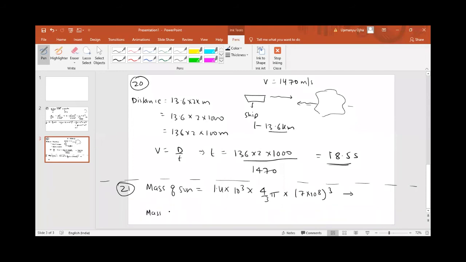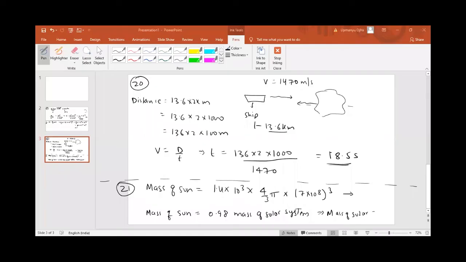Mass of the solar system is what? The mass of the sun is approximately 0.98 times the mass of the solar system. So we can get the mass of the solar system by dividing by 0.98. So the mass of the solar system would be the value which we have calculated divided by 0.98.